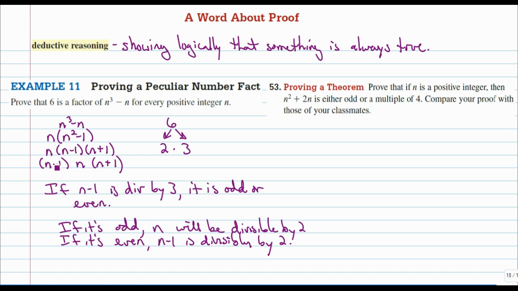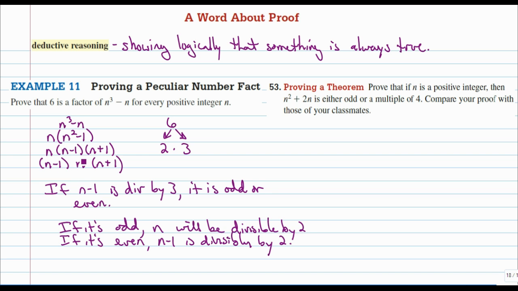Let's say n minus 1 is divisible by 3 and is odd, like 15. The next one, n, 16, is divisible by 2. Therefore we have a number in this composition that's divisible by 3 and a number that's divisible by 2. Therefore the whole thing is divisible by 6. Now this rule applies to n and n plus 1.